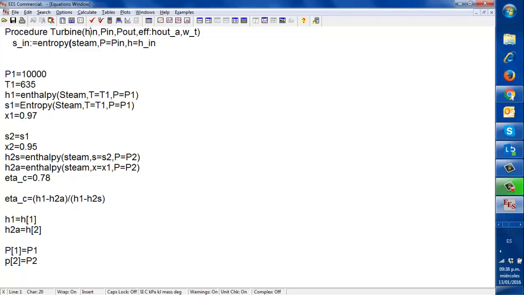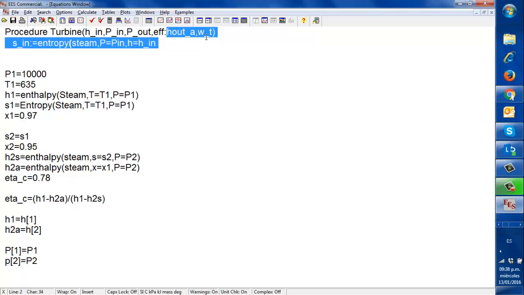Hold on. What does the colon mean between EFF and H out? Okay, this colon means that these are the arguments of the procedure, and these are the outputs of the procedure.